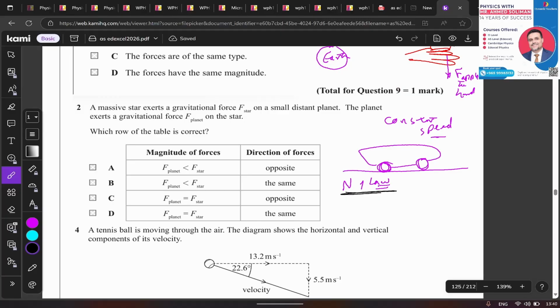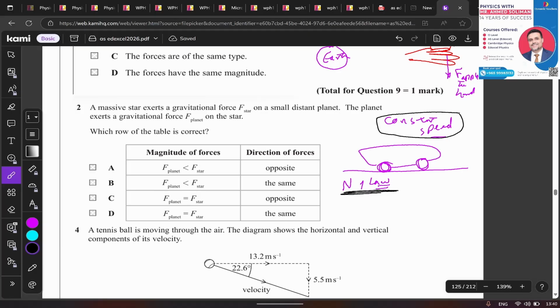There are no forces. There is no resultant force, but because the object is moving with a constant speed on the surface of Earth, it has two forces of equal size and opposite direction: the weight and the normal reaction force.